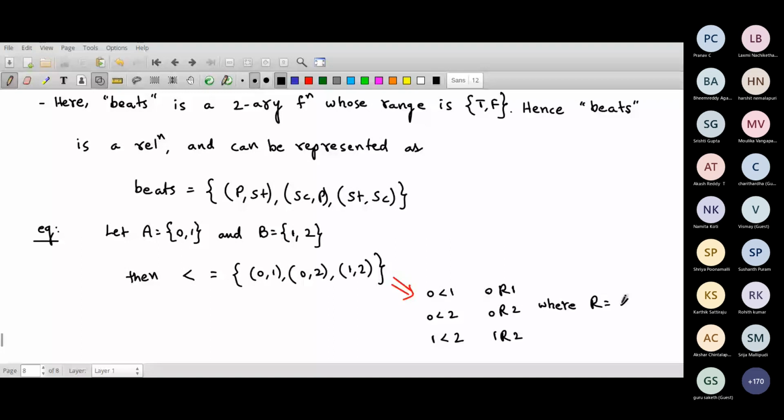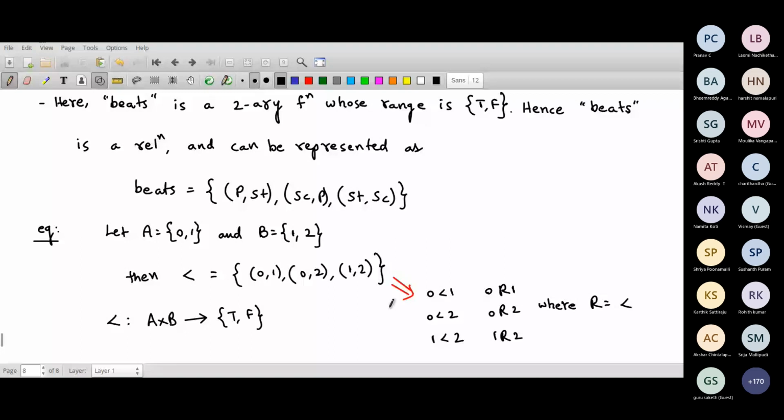Okay. And the definition of this less than, what is its domain and range? Its domain is A cross B because it's a pair, right? Input is a pair and output is the true-false set. Right?